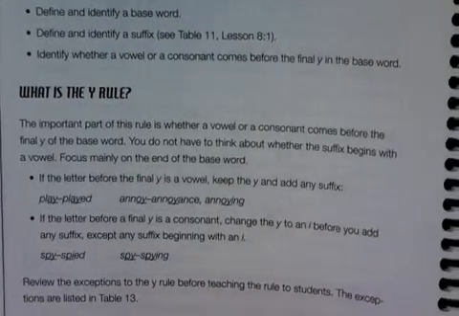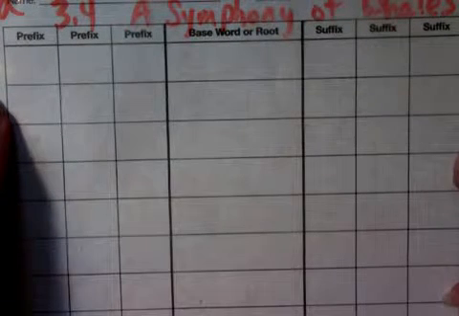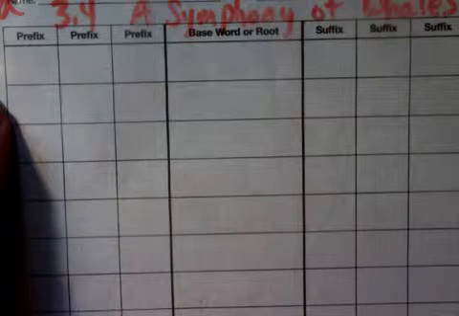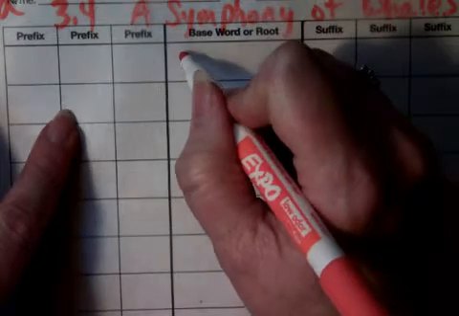I wanted to show you that because that affects the first word of our list. The first word of our list, I'm going to do the base word or root word first, and then we'll do the suffix. So the base word is going to be beauty, B-E-A-U-T-Y.